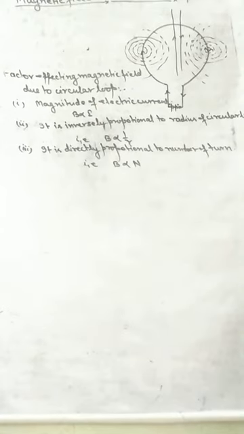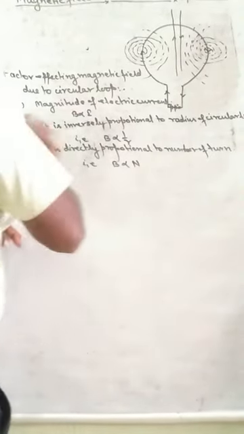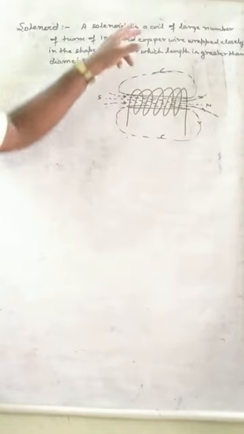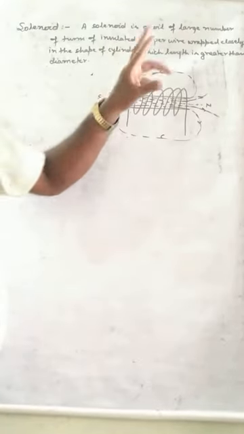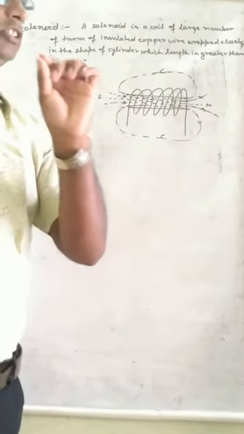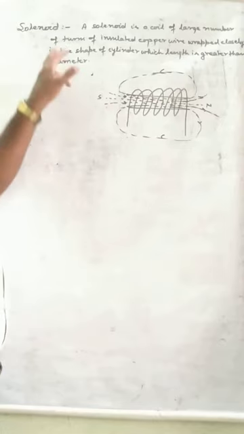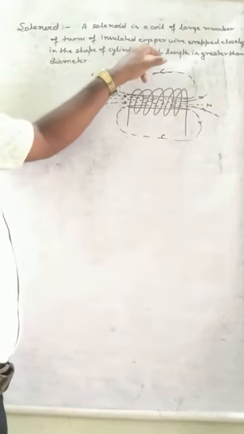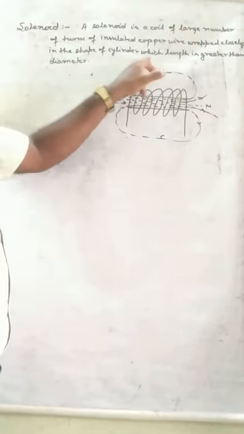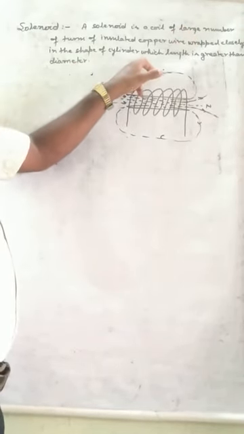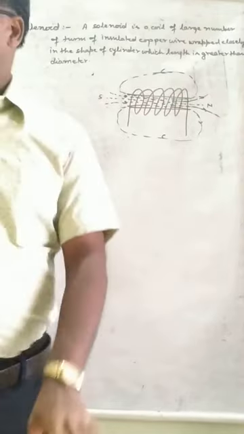First we learn the definition of a solenoid. A solenoid is a coil of a large number of turns of insulated copper wire wrapped closely on a cylindrical shape whose length is greater than its diameter.